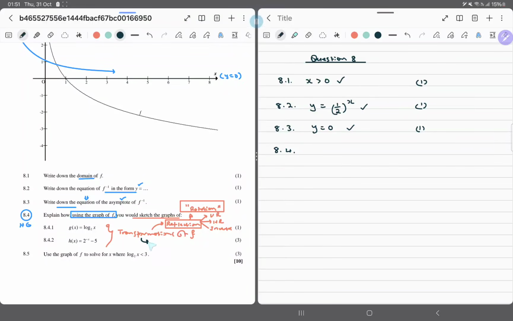Now, any other form of transformation could be a translation. Oh, my tablet needs to be charged. A translation. Remember, with translations, we can have a vertical translation, I'll just say VT, or a horizontal translation, HT. This could be up or down, or it could be left or right.